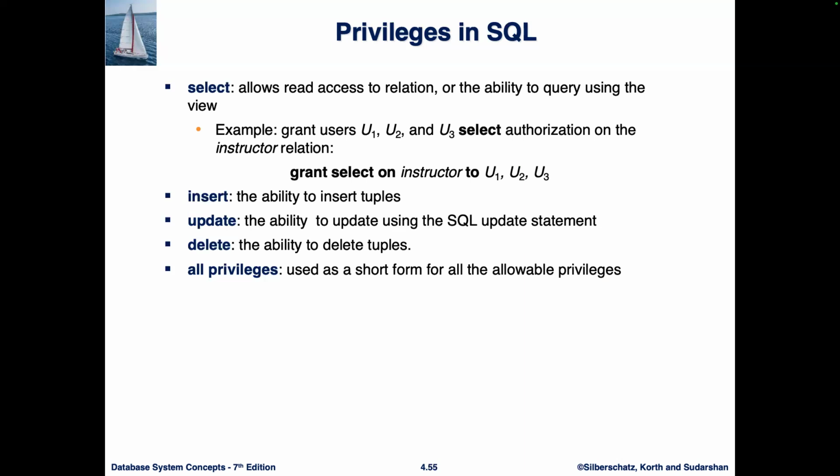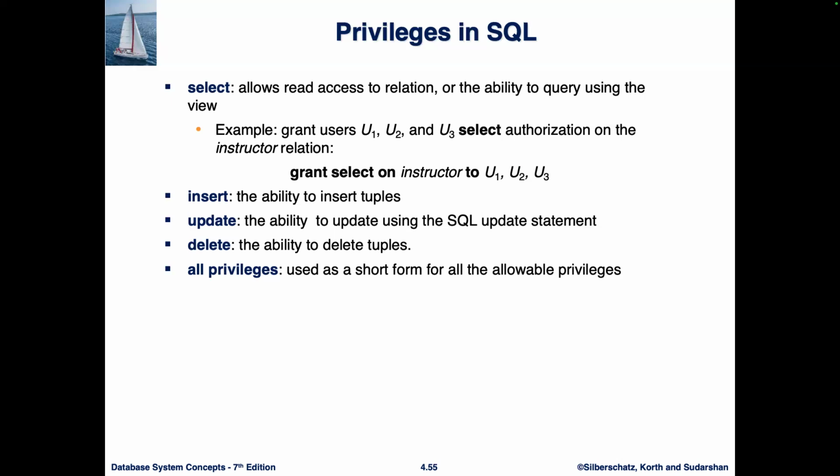Insert allows the users to insert new rows into the table. Grant insert on instructor to U1. This grants user U1 the ability to insert data into the instructor table. And then grant update on instructor to U1 allows the user to modify rows in the table using the update statement.